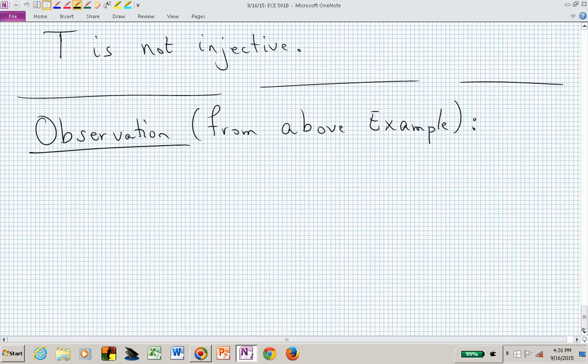So let's make an observation. This is where I wanted to go before I started showing that we ended up in the same location starting in two different domain locations to illustrate that the map was not injective.